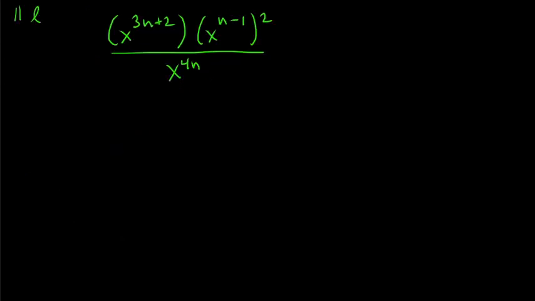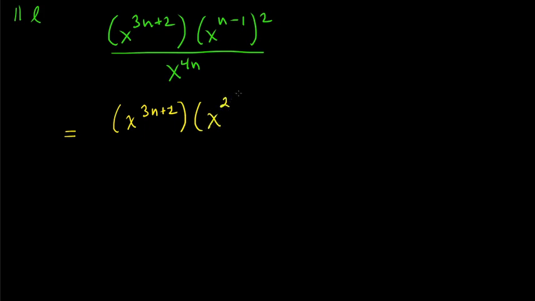All right, so finally 11L. X to the 3n plus 2 times x to the n minus 1 squared over x to the 4n. Again, we don't know what n is. It's just some number, right? Just deal with it as if it were a regular exponent, right? So like in the last problem, I'm going to leave the x to the 3n plus 2 alone for now, because in the next factor we have to distribute the 2, right?